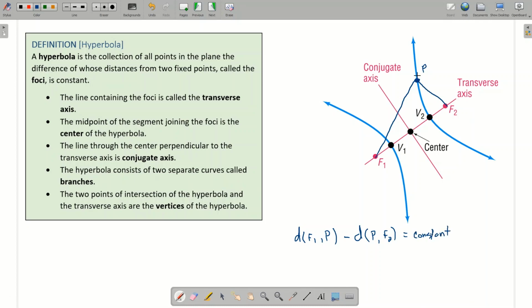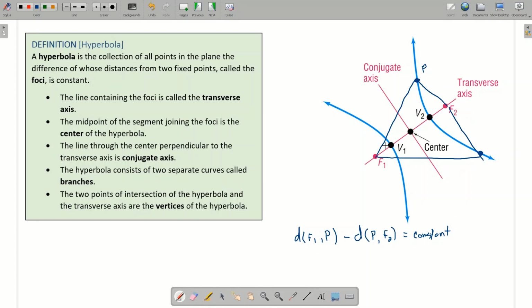So no matter where I move that point, this segment minus this segment is always the same number. So for example, if I pick a point down here, if I measure the length of that segment, subtract the length of that segment there, it will give me the same constant that we have here.